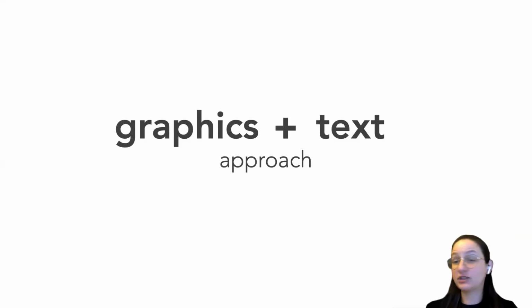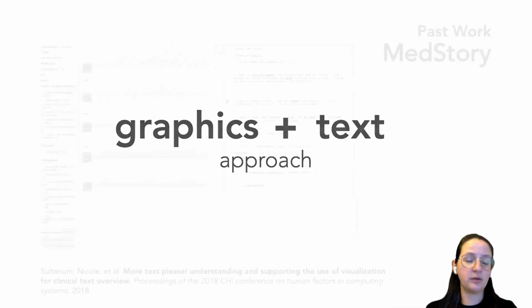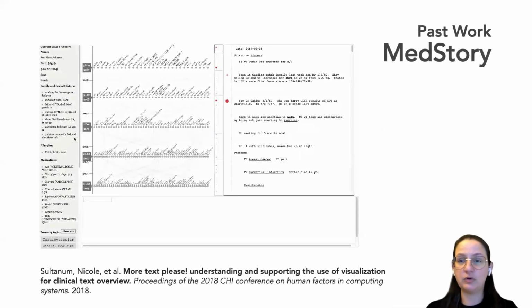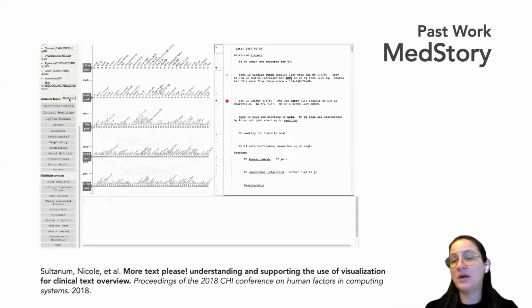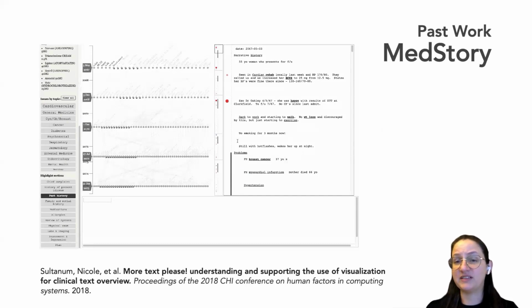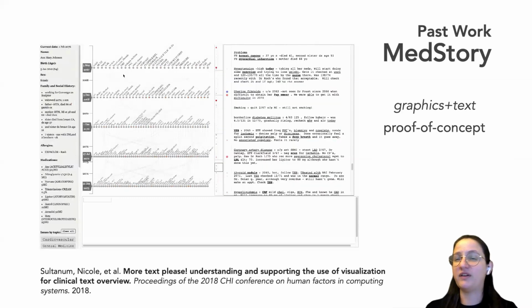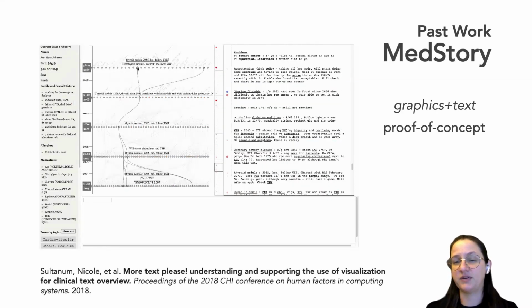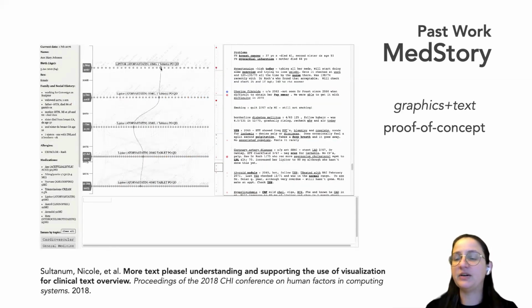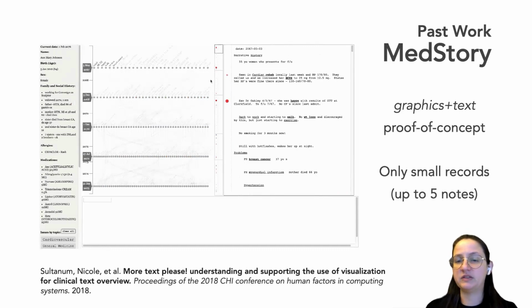This approach has actually been a long journey for us that started back in 2018 with MedStory, published at CHI, when we first pushed for this graphics and text approach for medicine with a small scale prototype that mixed graphical elements and text in many different ways, as you can see here. But it only supported a small number of notes at a time.